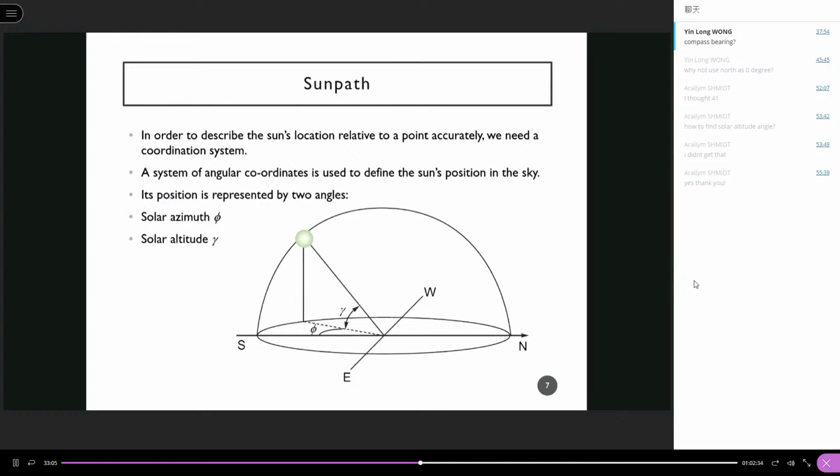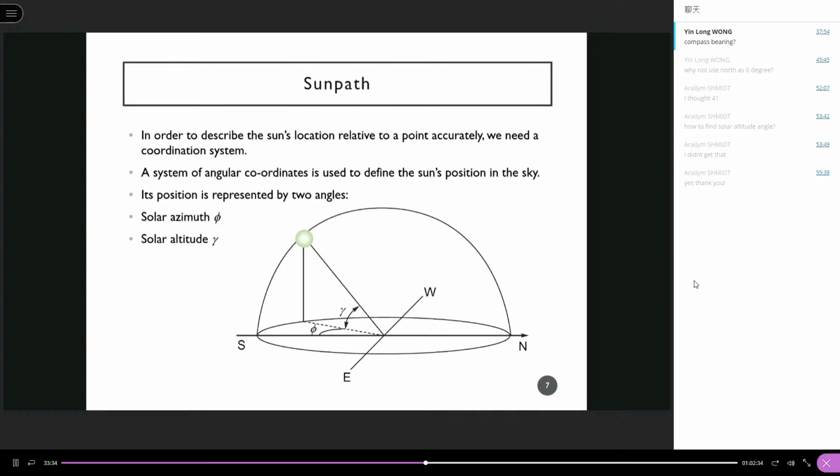For a location on Earth, we use coordinates, right? We use the coordinates of how many degrees north and how many degrees east or west. Similarly, for the sun, we also use a coordinate system, and we use 2 angles to locate the sun, in order to describe the sun's position relative to a point accurately.